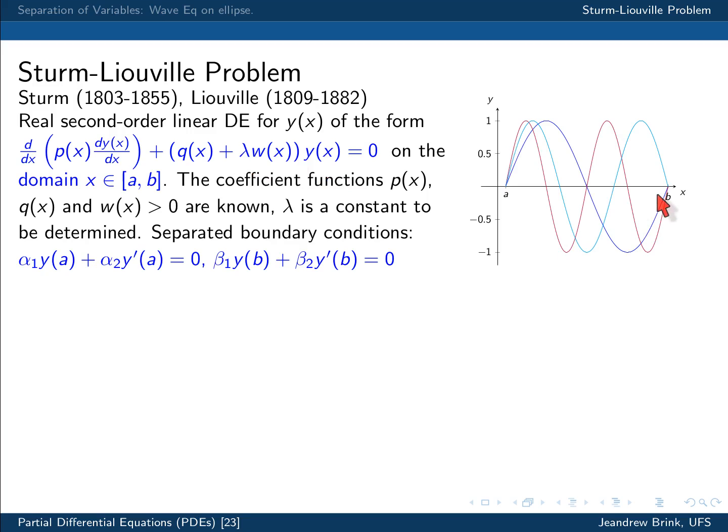This type of solution, for your given equation with given fixed functions and the separated boundary conditions, this property that you can get several solutions for only discrete values of lambda that have different numbers of zeros, is generic for any one of these functions.